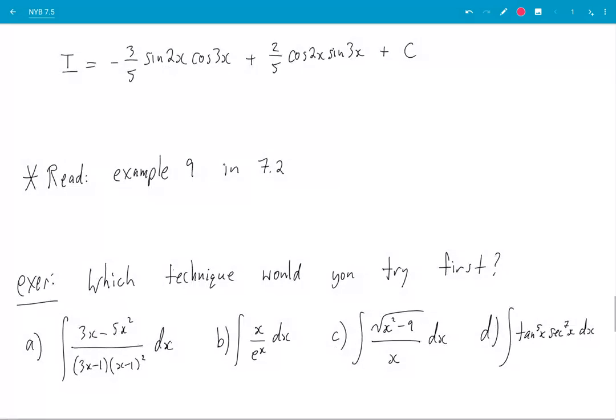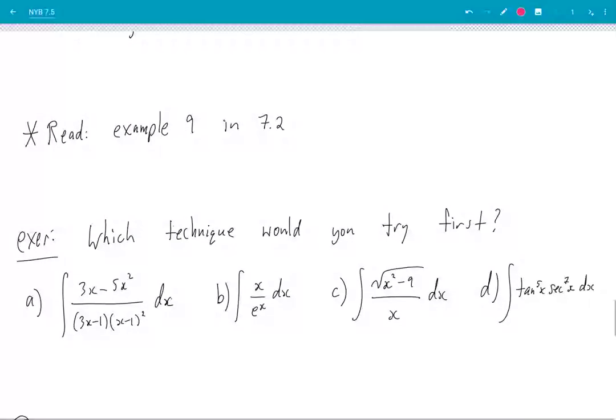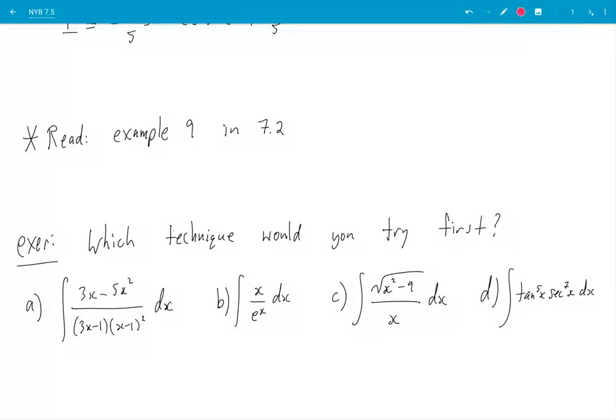Okay, let's talk. So what we're doing here is we're trying to get used to recognizing the form of an integral. So first one, that's to me, well, because I've been around the block a few times, this is partial fractions, 7.4. 7.1 for the second one, so integration by parts.